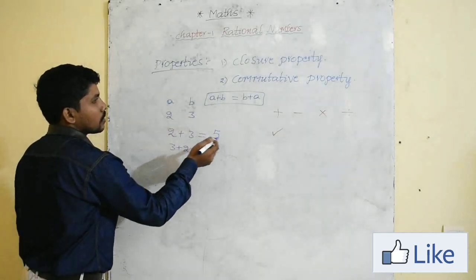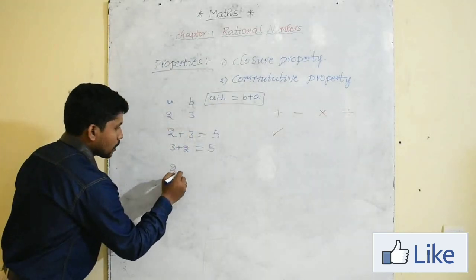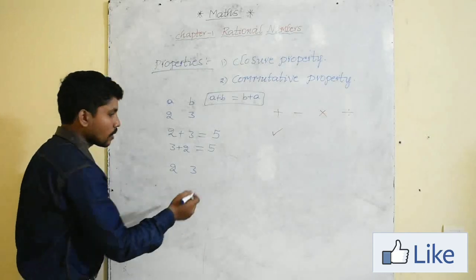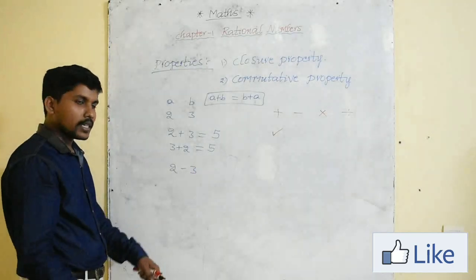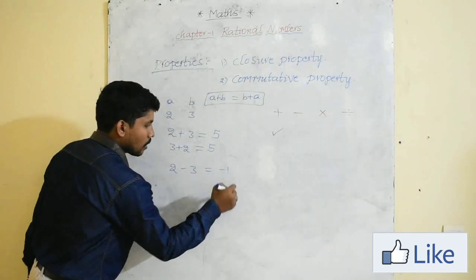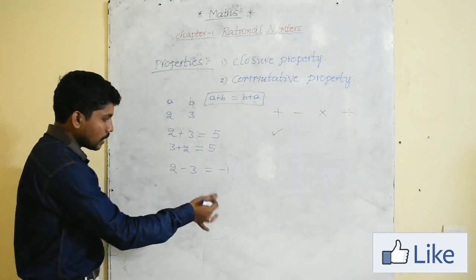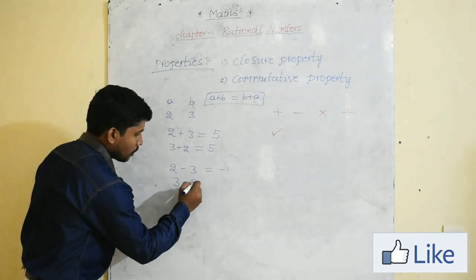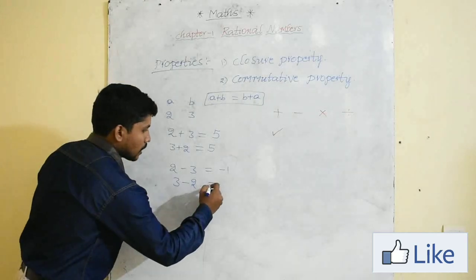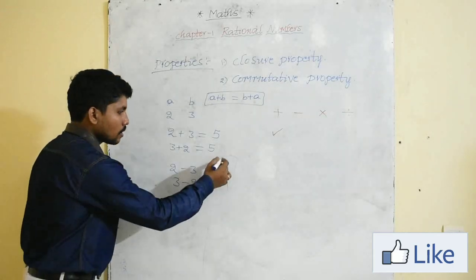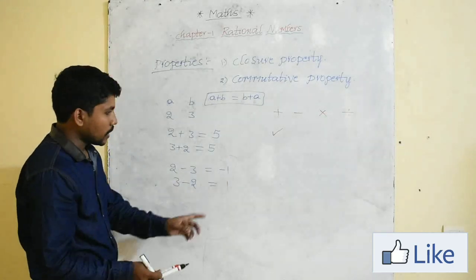And if I check for subtraction, for the same numbers 2 and 3, if I subtract these two, 2 minus 3, I will get the result minus 1. But if I interchange the numbers, 3 minus 2 results in 1, which is not equal to the result obtained here.